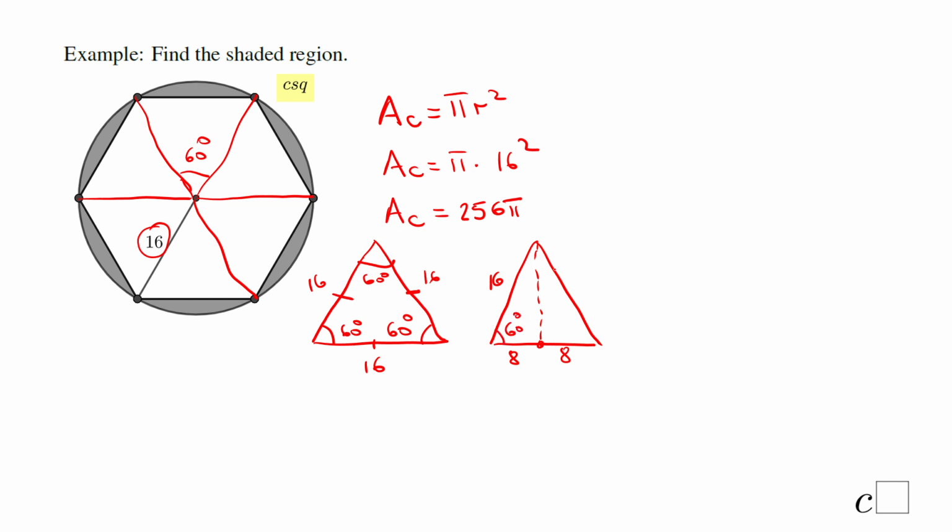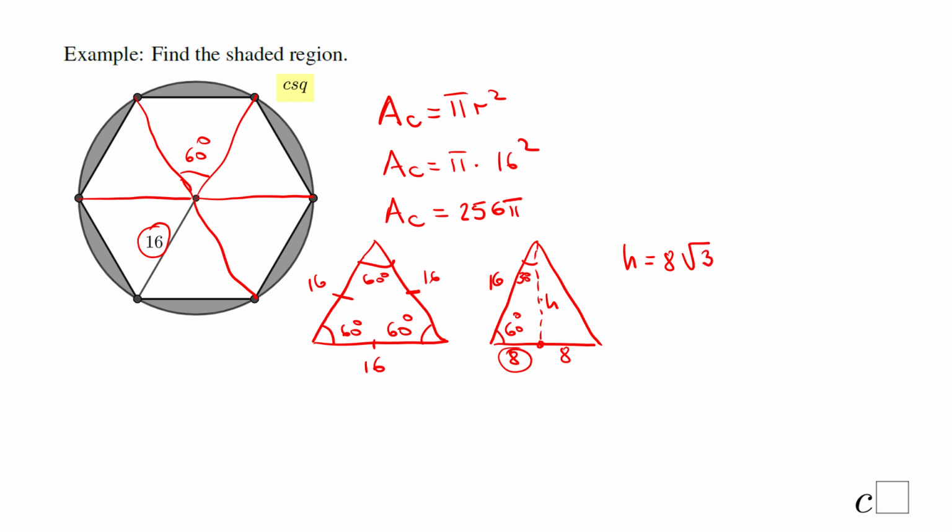You have choices here. I'm going to use the special right triangle, which is 30, 60, 90, and this height will be the longer leg in that right triangle, and it's going to be this 8 square root of 3.